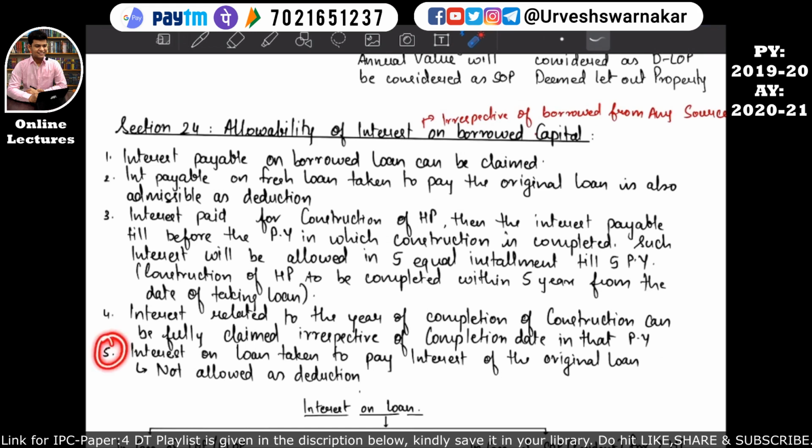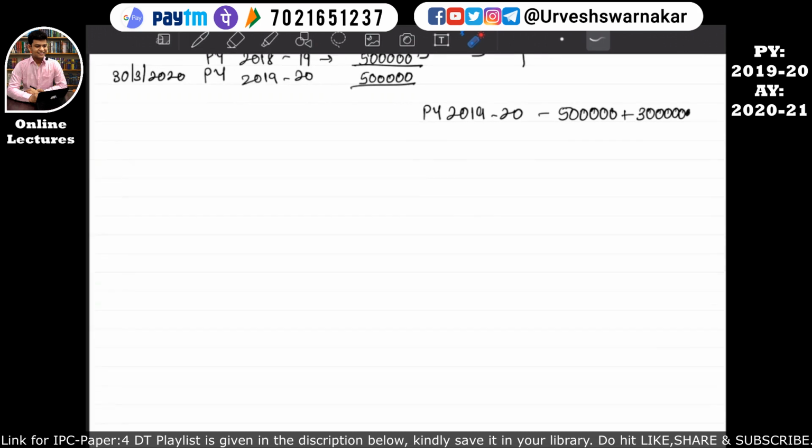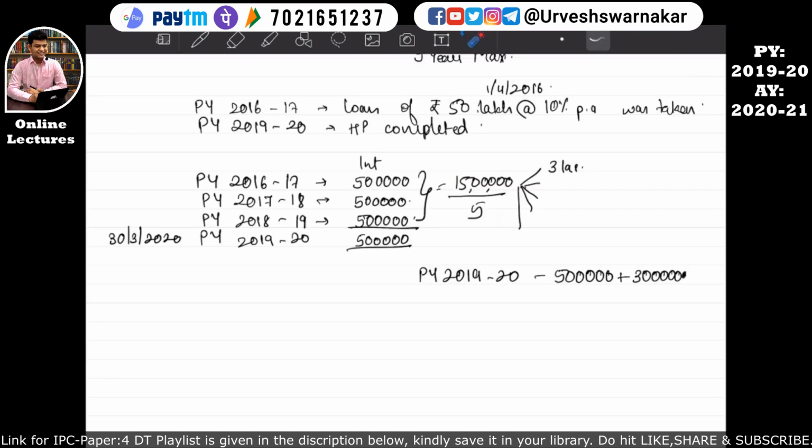And the next point, that is point 5: interest on the loan taken to pay the interest of the original loan will not be allowed as deduction. So what is this point? Basically understand, 15 lakhs interest has already accumulated and 5 lakh more interest is getting added. You don't have sufficient money to pay off the interest, and you have taken a loan in order to pay off the interest.